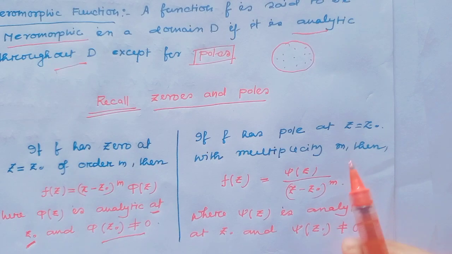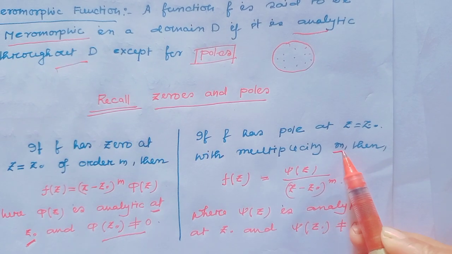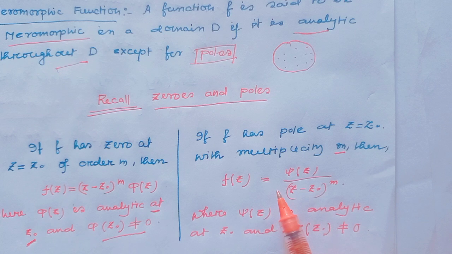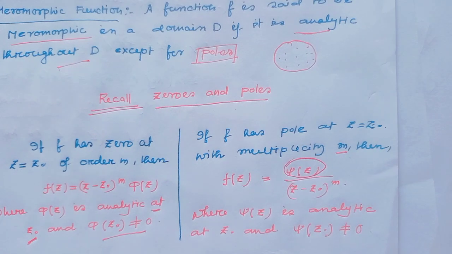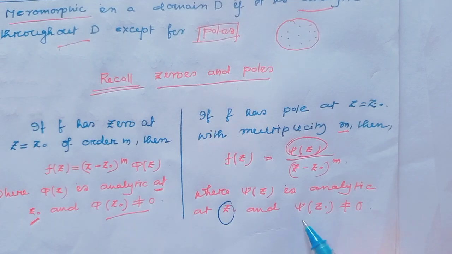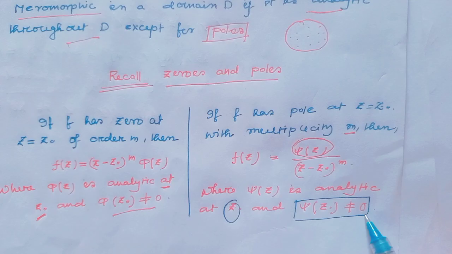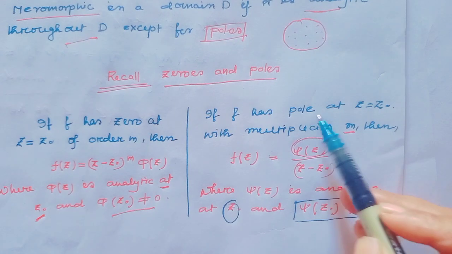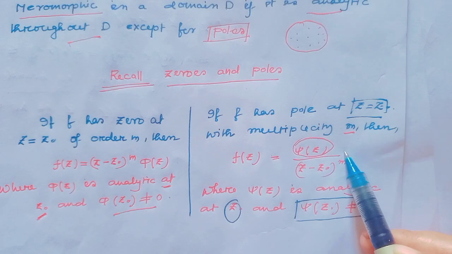And if f has a pole at the point z equal to z0 with multiplicity m, then f(z) equals psi(z) divided by (z minus z0) to the power m, where psi(z) is analytic at the point z0 and psi(z0) is not equal to 0, and the function has a pole at the point z equal to z0.